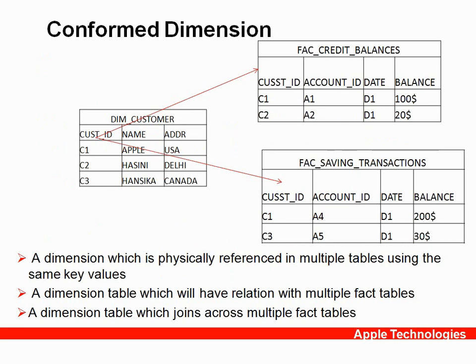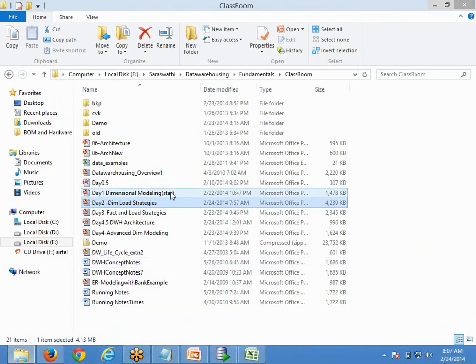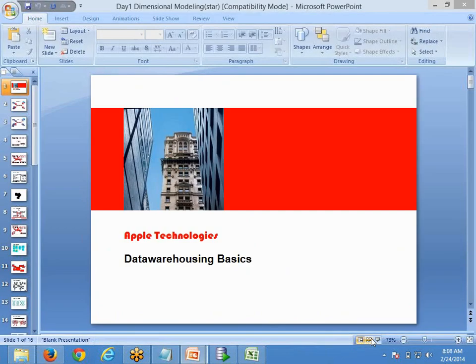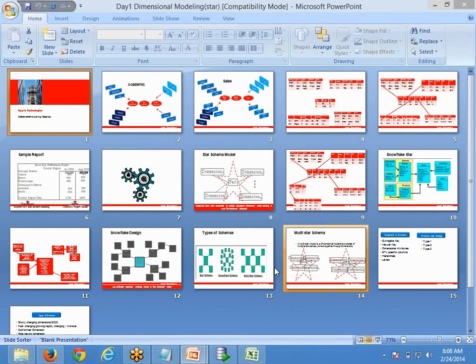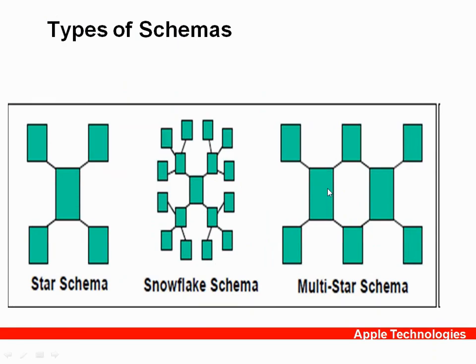If you recollect, when we were discussing the Snowflake and multi-star schema, you saw one diagram. I have one fact table and another fact table, and one dimension that is common to both fact tables.